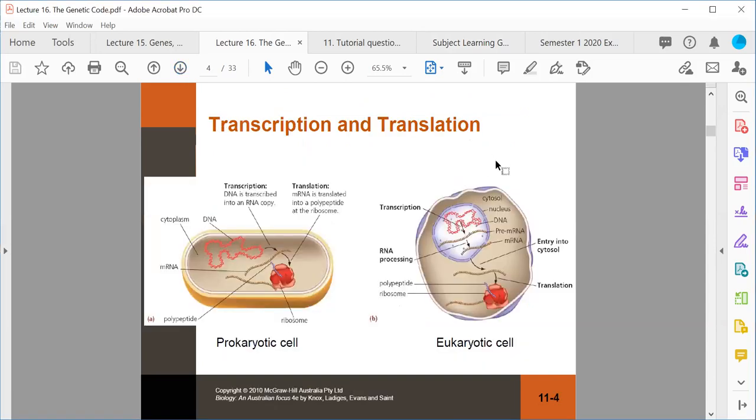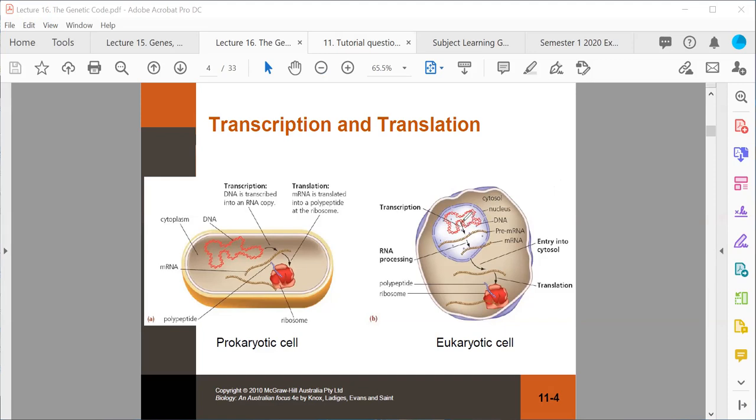All right, but before we go on to look at that process, let's look at the transcribing of the DNA into RNA and then the translating of that code in the RNA into a polypeptide. It's a little bit different in prokaryotes such as bacteria compared to what happens in eukaryotes such as plants and animals. But we can have a little bit of a look at this. So we have a single cell here. Here's the nucleus. Here we have just a single chromosome, and unfortunately it looks like it's linear.